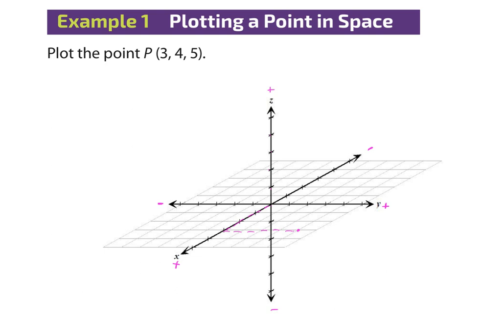I might go out. So if I go up here, all the way up to 5, it's somewhere in space. So I went 3 in x, 4 in y, and from this point I went to z. And so this is where my xyz point would be.